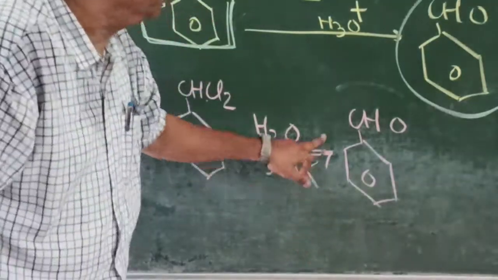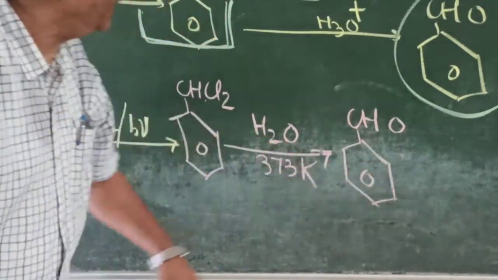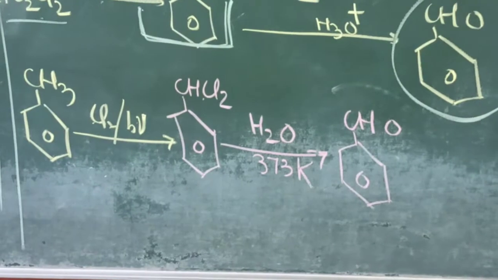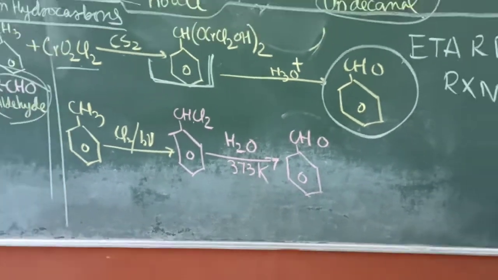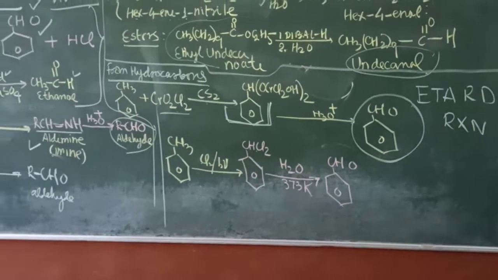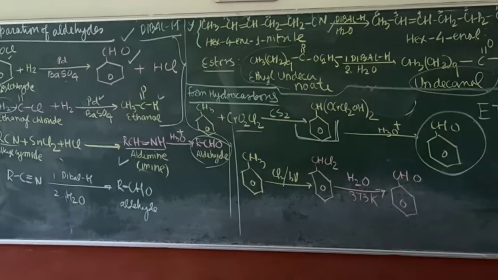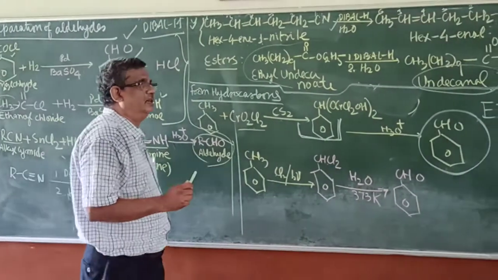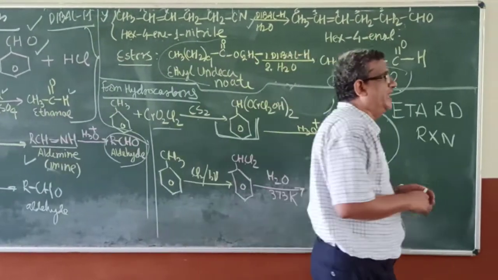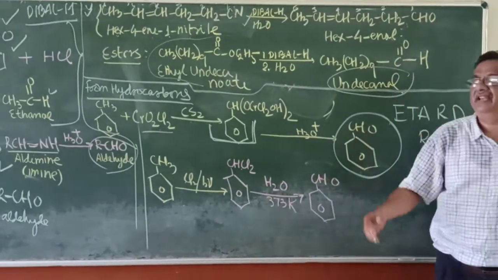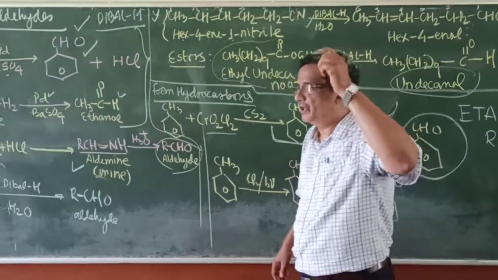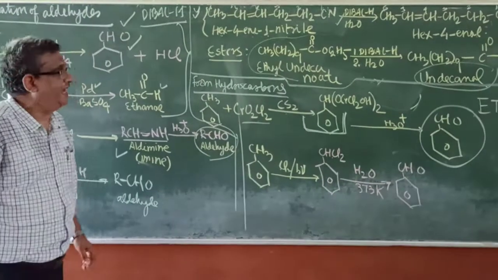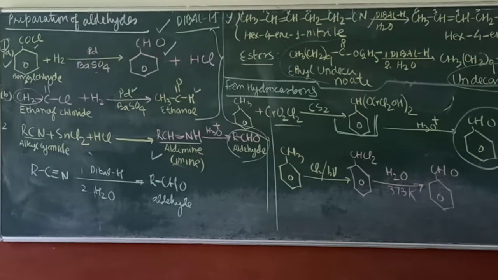This gives you benzaldehyde. This is all about the methods of preparation of aldehydes. Remember one thing, that here you must remember the three very important named reactions. Number one, Rosenmund reduction. Number two, Stephen reaction. And number three, the Etard reaction.